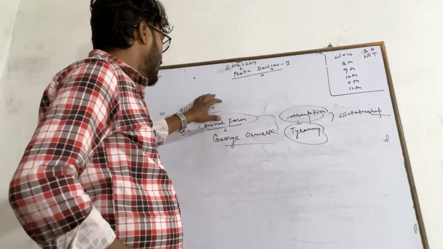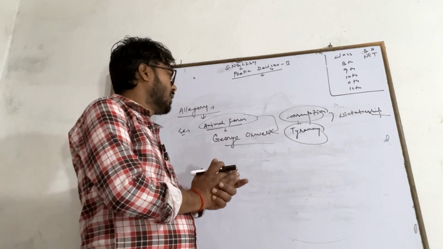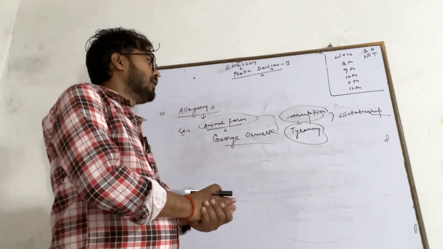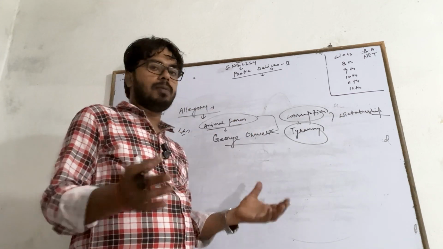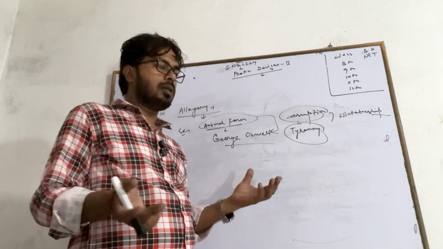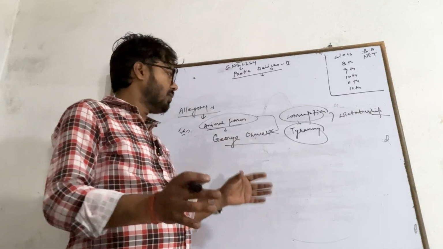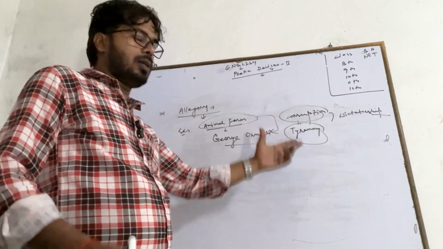That is allegory. There is no direct reference, but an indirect reference. The book does not clearly proclaim that this is corruption or dictatorship, but the hidden meaning is dictatorship, corruption, tyranny.